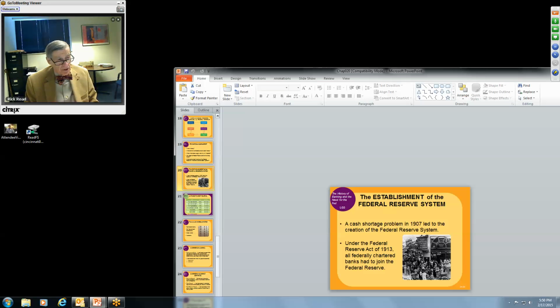And Jackson let the bank's charter expire, and then vetoed a bill that came to him to reauthorize the national bank. And from that time until the early part of the 20th century, there was no national bank in the United States. So 1913, the Federal Reserve Act, all federally chartered banks.